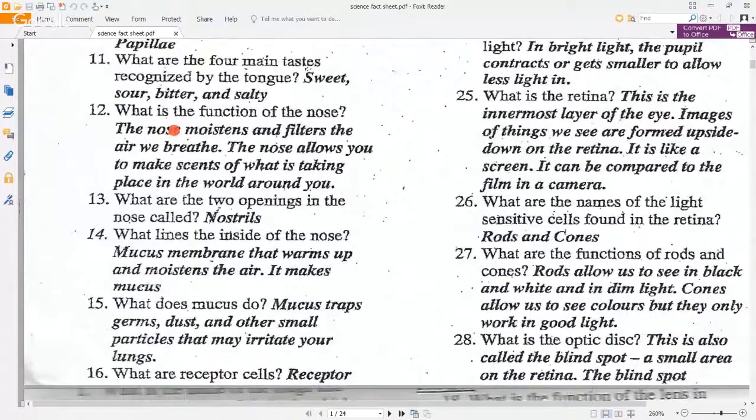What is the function of the nose? The nose moistens and filters the air we breathe. The nose allows you to make sense, a play on the word, of what is taking place in the world around you.